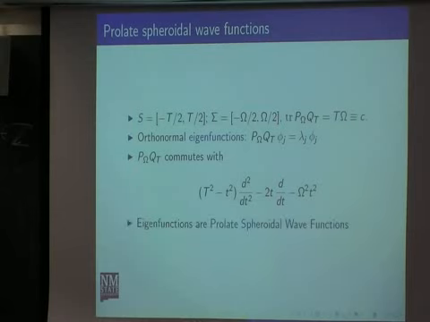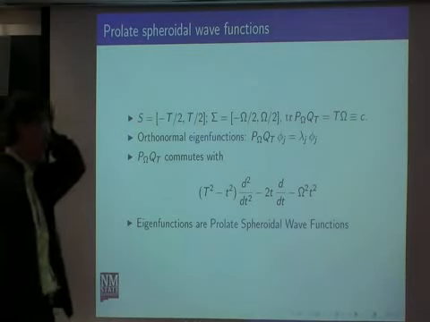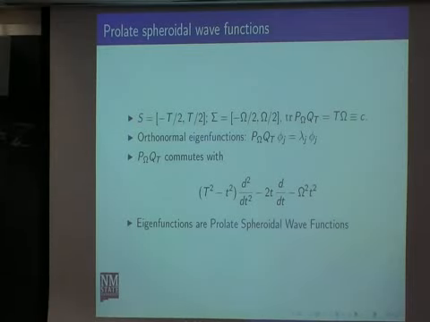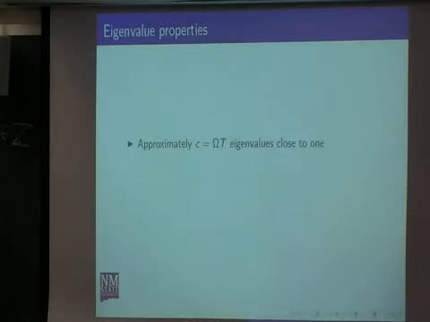And so everything was understood about the case in which the time support and frequency support are both intervals. So everything was explained in several papers by Landau, Slepian, and Pollak in 1960.